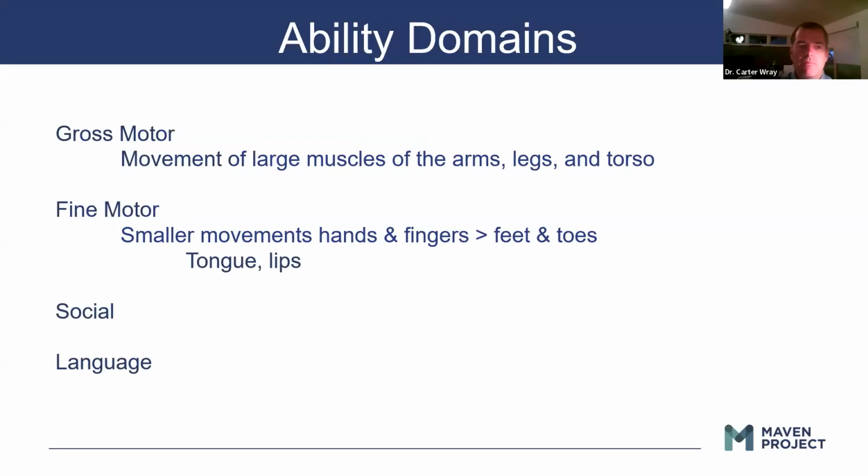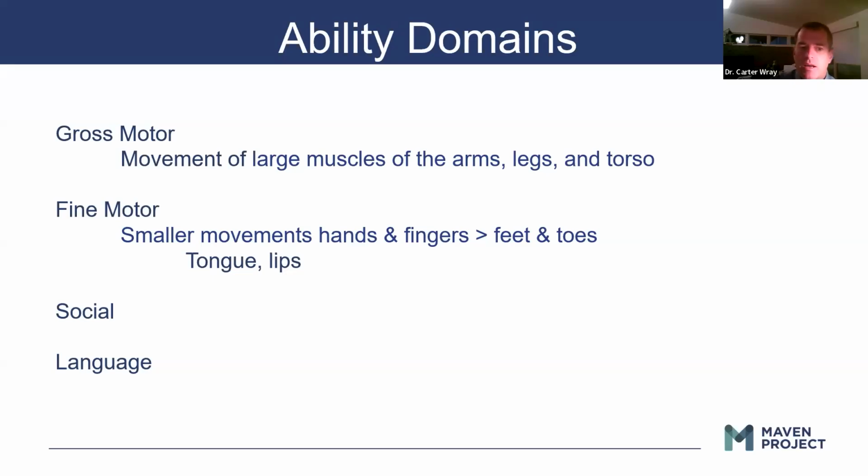So the ability domains, what I'm going to focus mostly on today is gross motor problems. Gross motor problems would be the big muscles, things like sitting, standing, the core muscles that help you locomote, as opposed to fine motor. A lot of people think of fine motor as hands and fingers, and certainly there's an incredible amount of activity that's very specific that we need to learn to do with our hands and fingers, more so than the other bits of the extremities, whether that's feet or toes.